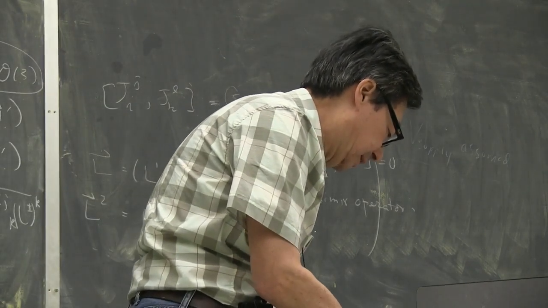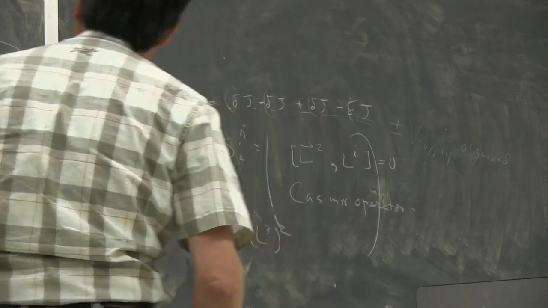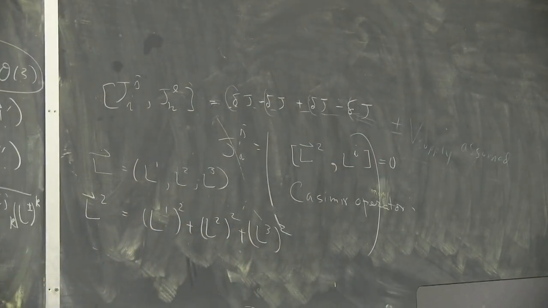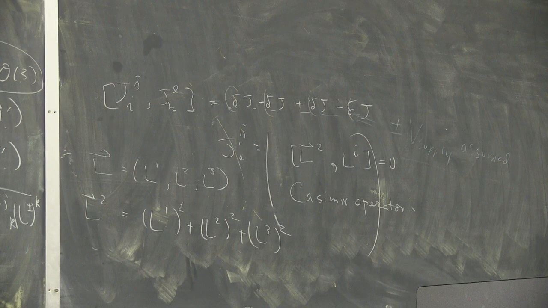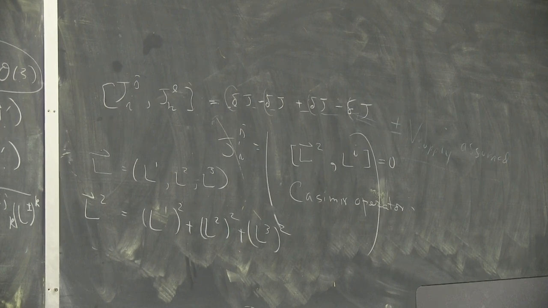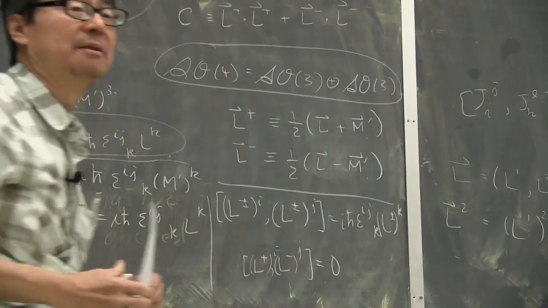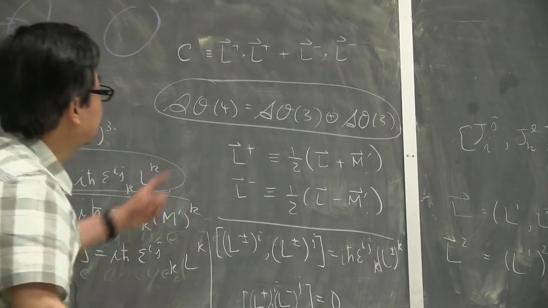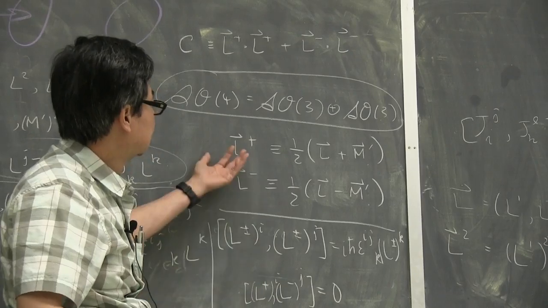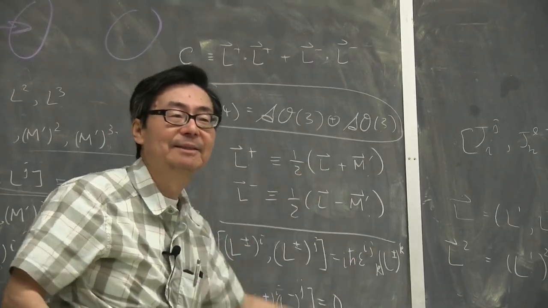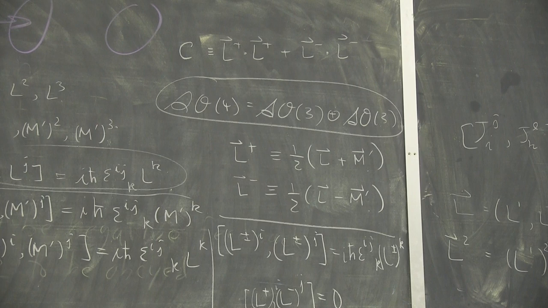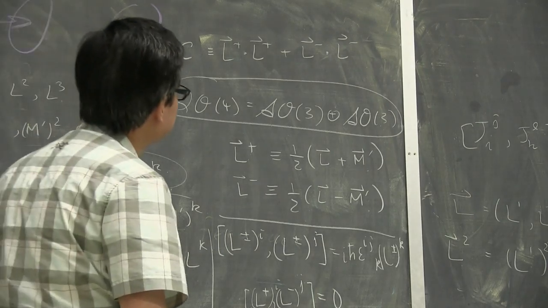So I define this Casimir operator for the SO4, C for Casimir, to be L plus dotted with L plus, plus L minus dotted with L minus, because each of the L plus and L minus has three components. You can think of the dot product of each one of them with itself added together, and the whole thing then commutes with everything, right?